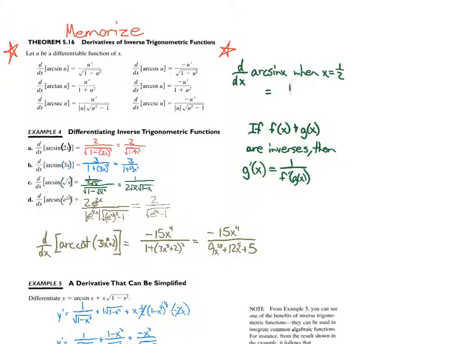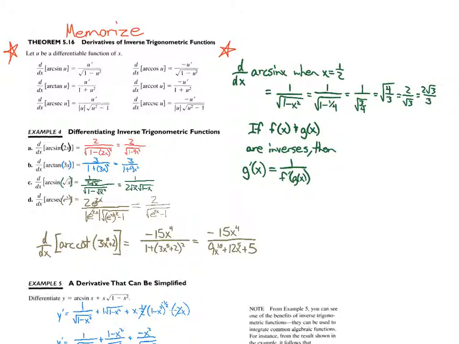So that's 1 over the square root of 1 minus a fourth. So 1 over the square root of 3/4, which is the square root of 4/3, which is 2 over root 3, or 2 root 3 over 3 if you like.